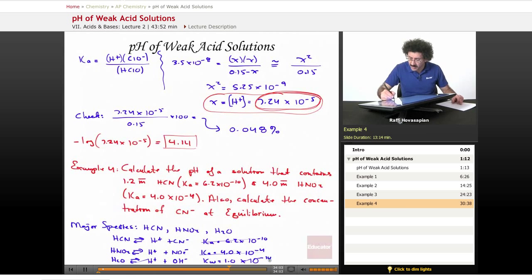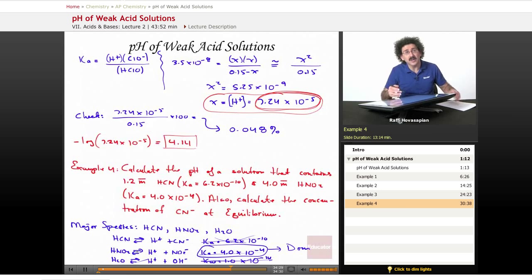So now let's compare. 10 to the negative 10, 10 to the negative 4, 10 to the negative 14. We can virtually ignore the 10 to the negative 14. It's too tiny. Between 10 to the negative 4 and 10 to the negative 10, the HNO2 is going to dominate the chemistry in this solution. Because that's going to dominate, we can ignore any contribution of hydrogen ion from hydrogen cyanide, and we can ignore any contribution of H plus from water.